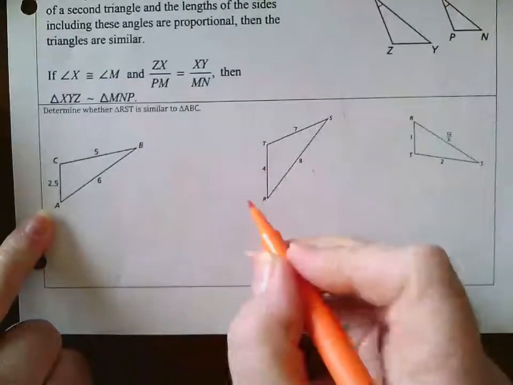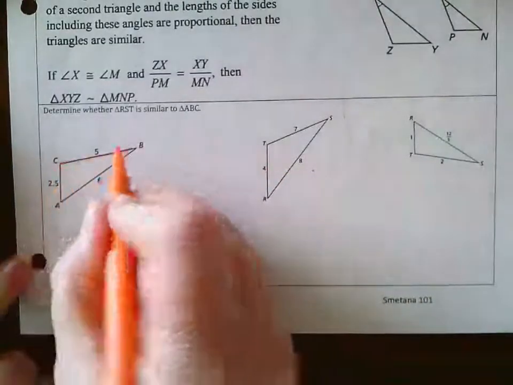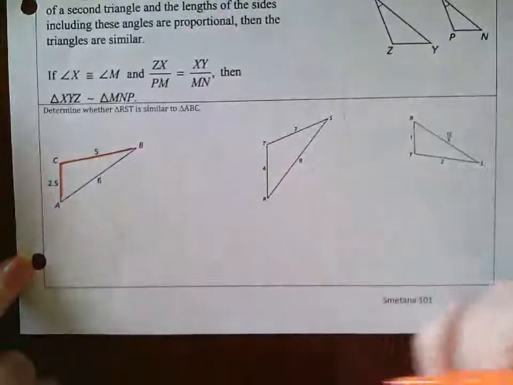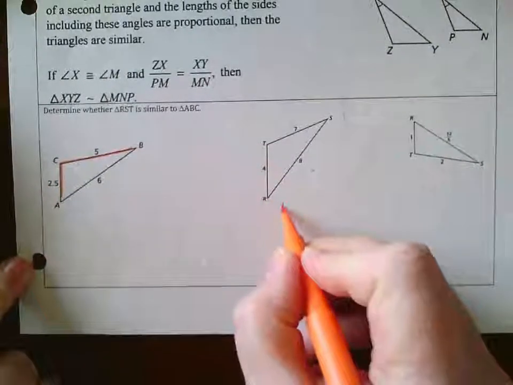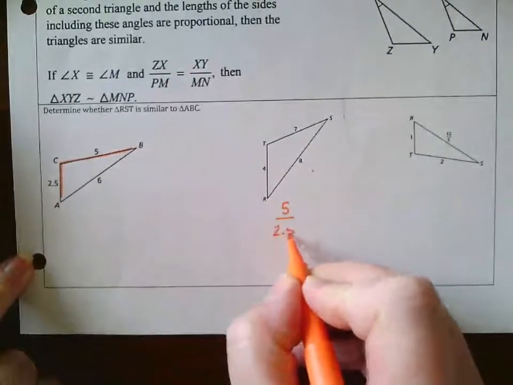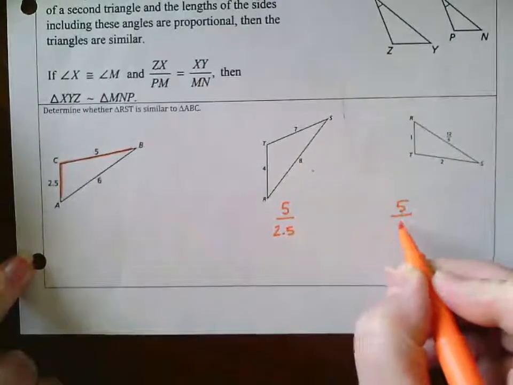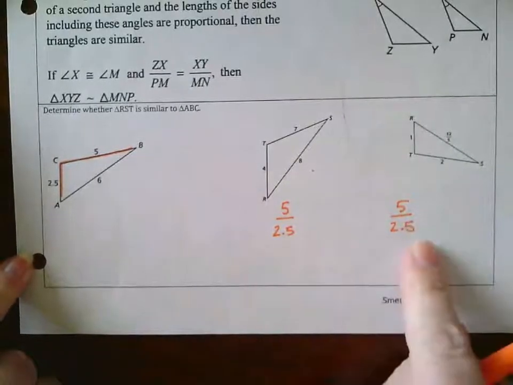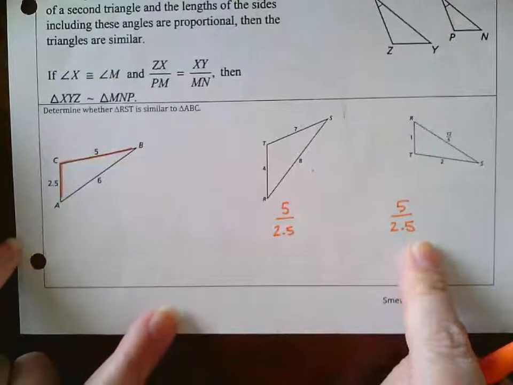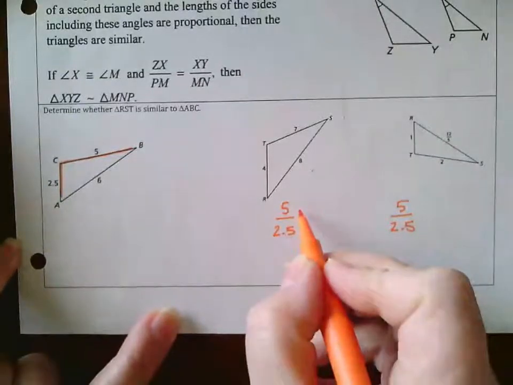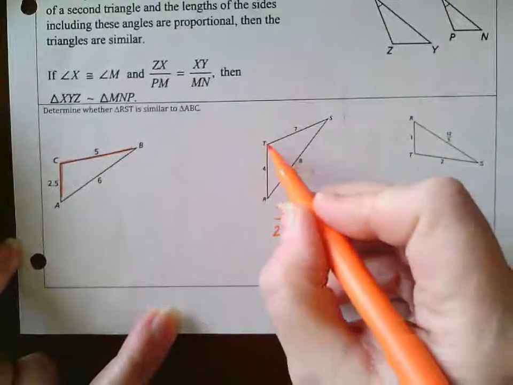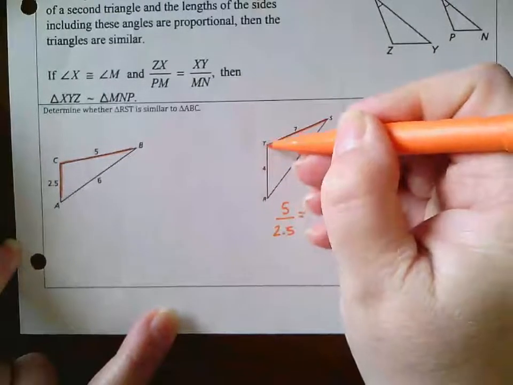So you're going to do 5 over 2.5, and I'm going to use that same one for both of these. I'm going to do one for this one and one for this one. Now this one's going to be 7 over 4.